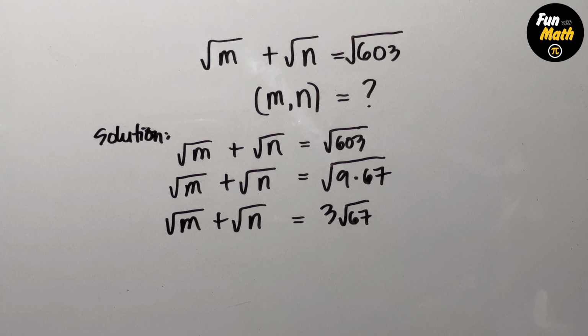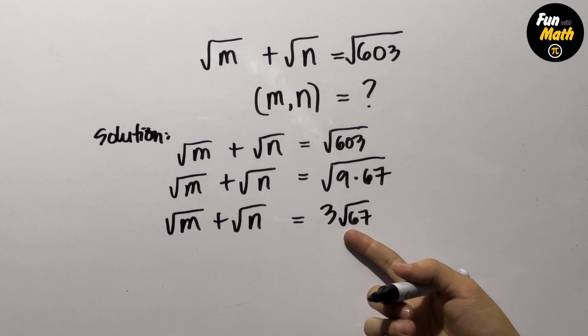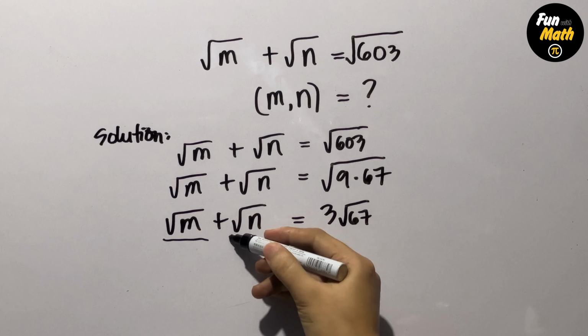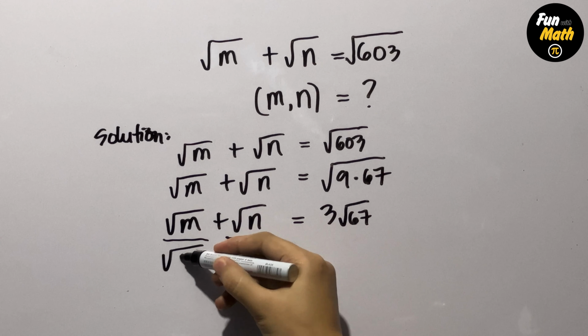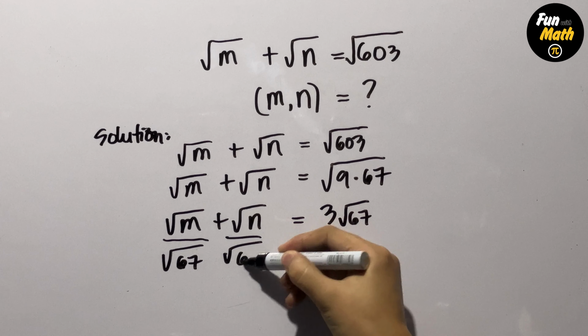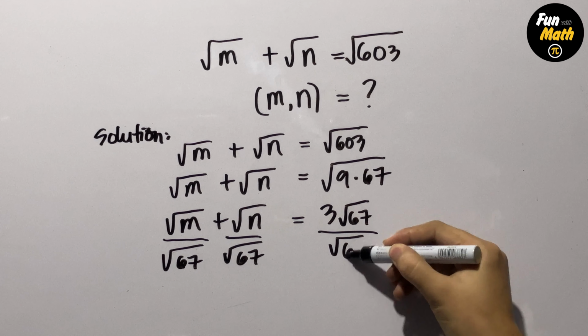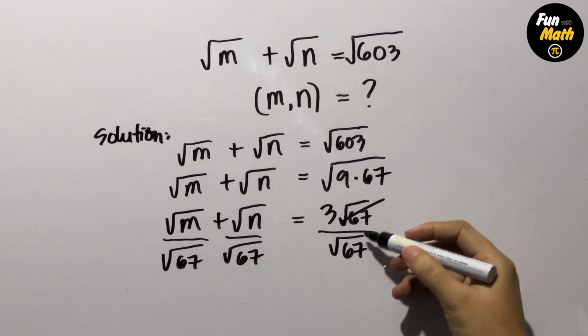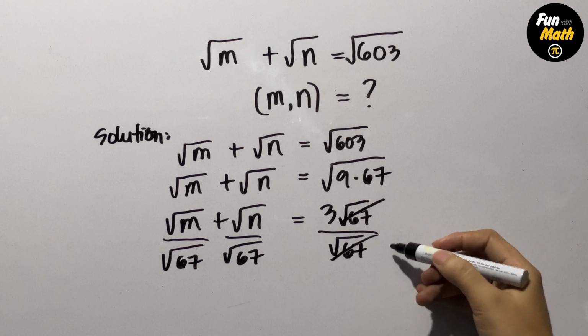Now next is, we need to remove this square root of 67 here by dividing both sides by square root of 67. So now this is cancelled, square root of 67 over square root of 67.